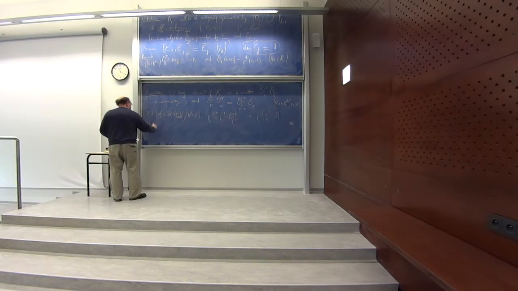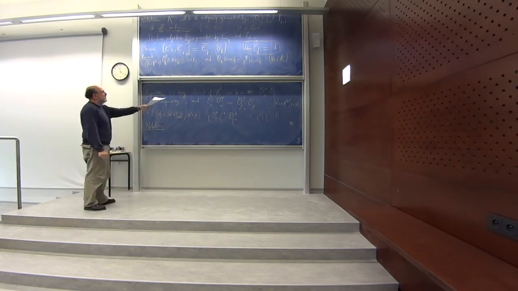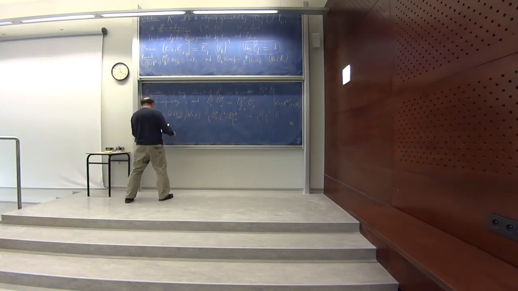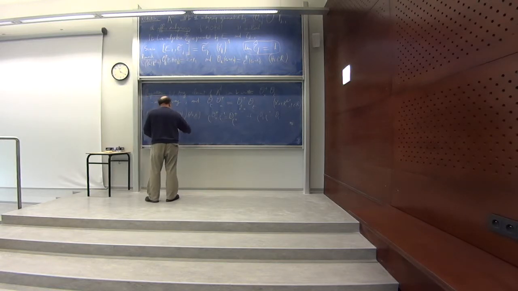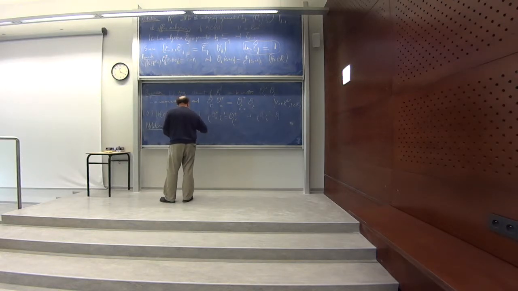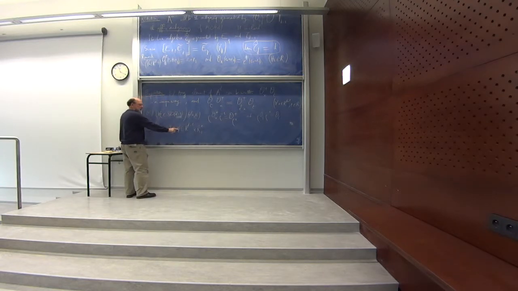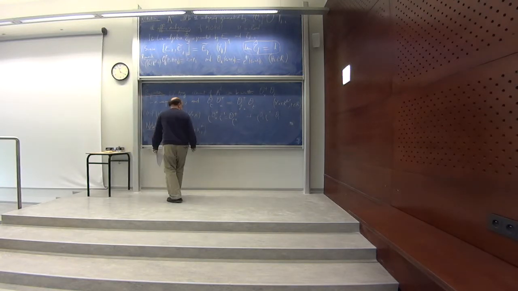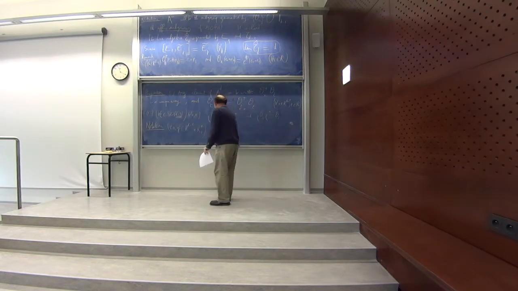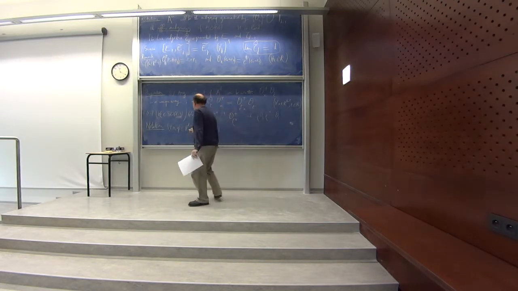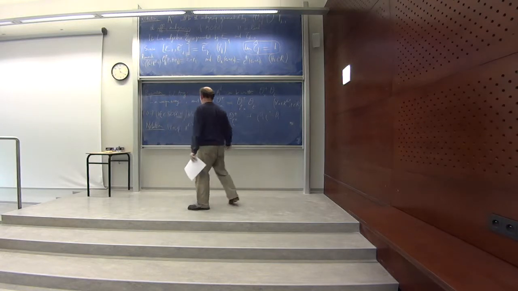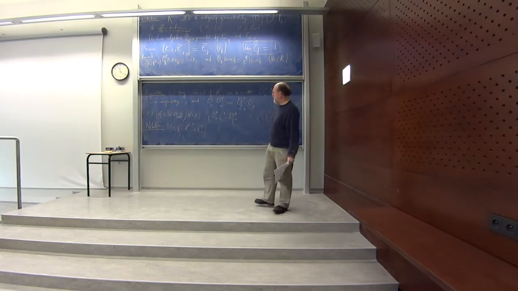Notation, one more. To denote the elements of this affine group, for any x, y in R d minus 1 and R plus star, so y will be a positive real, I denote, this will be also seen as a complex number z.